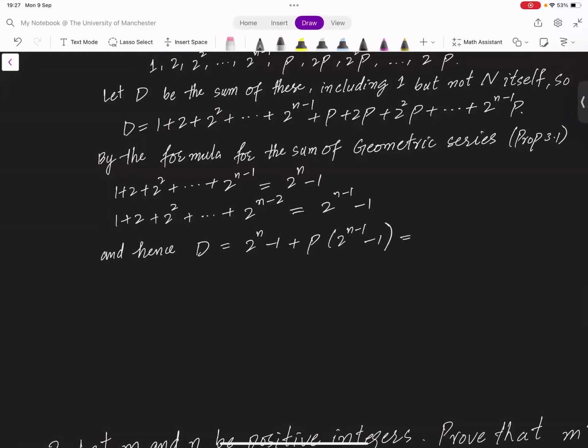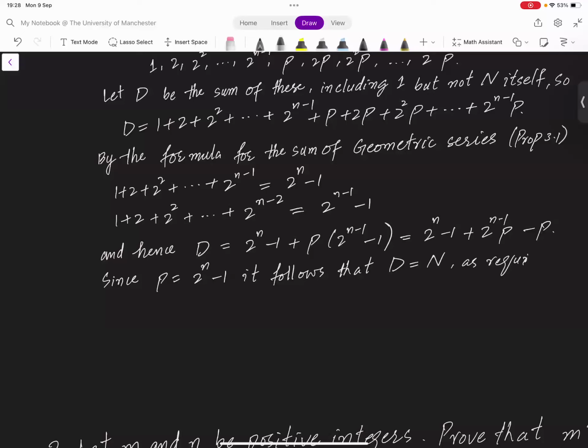And this can be written as 2 power n minus 1 plus 2 power n minus 1 p minus p. Now, since p is 2 power n minus 1, it follows that d is nothing but N, as required.